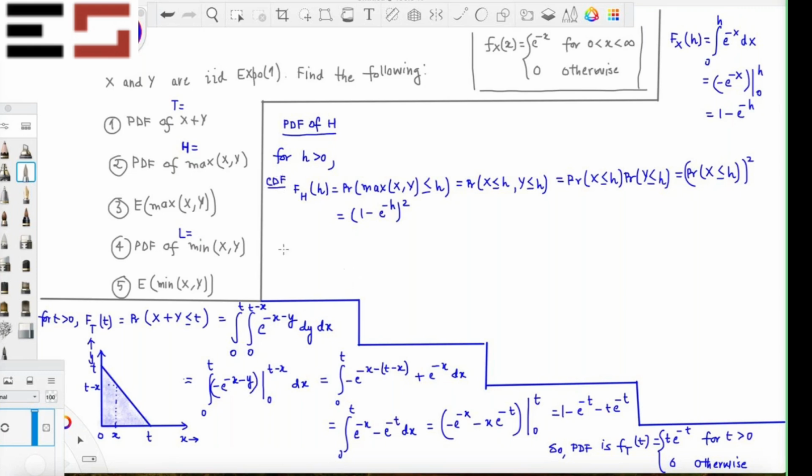Now in order to figure out the PDF, we can just take the derivative with respect to H, which is what? And what is the derivative of this with respect to H?